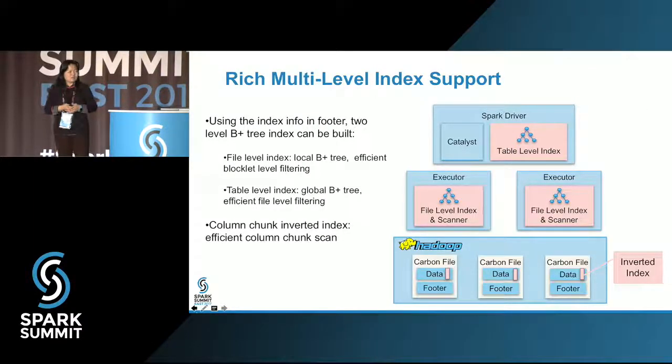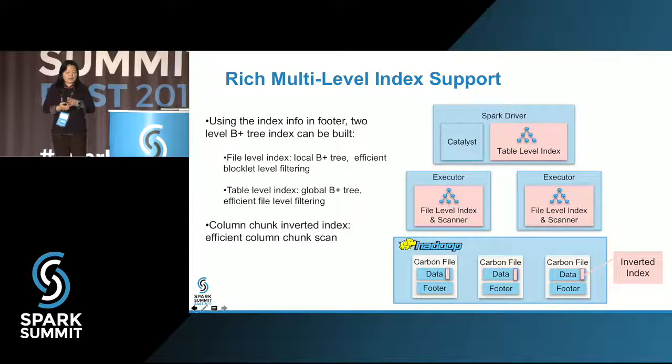Based on the index information we store in the footer, we can build a file level index, a local B-tree index to filter blocklets within a file. If we combine the file footer information and extract this information, we are able to build a higher level index, what we call the table level index, which is a global B-tree index for us to efficiently filter carbon files at the Spark driver.